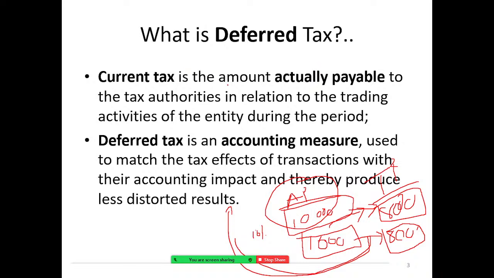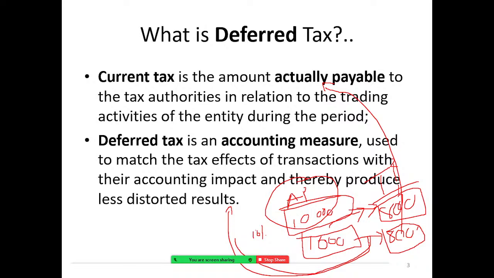Here the current tax is the amount actually payable to the tax authorities in relation to trading activities of the entity during the period. So in this example, this 8,000 is the taxable current tax. Deferred tax. So how much difference here?